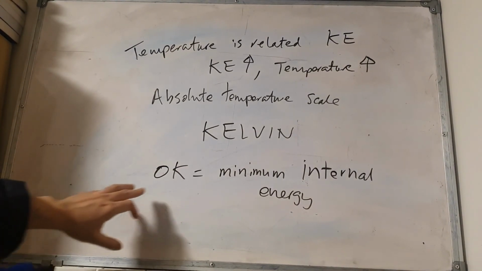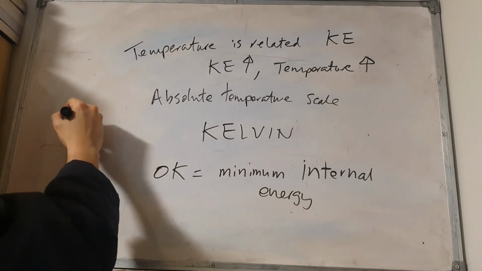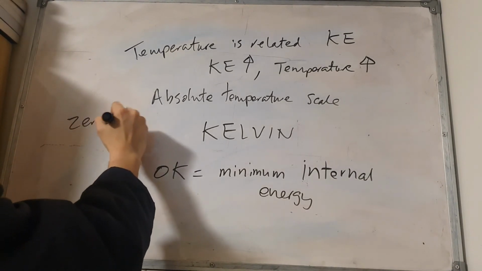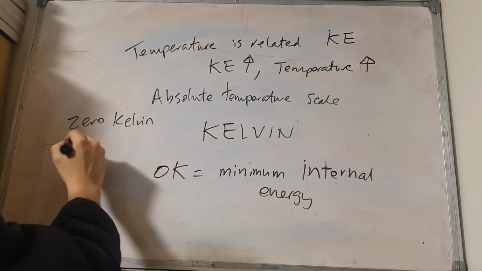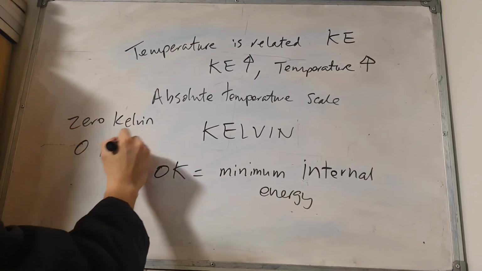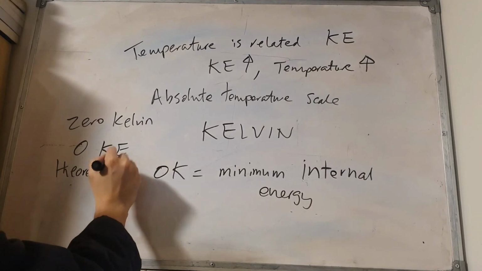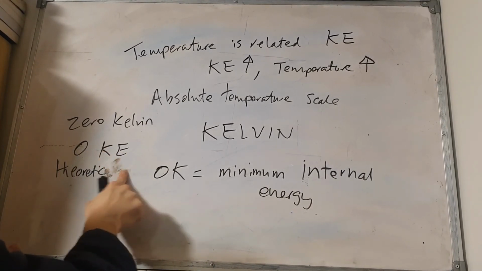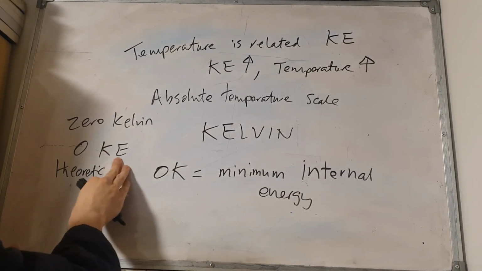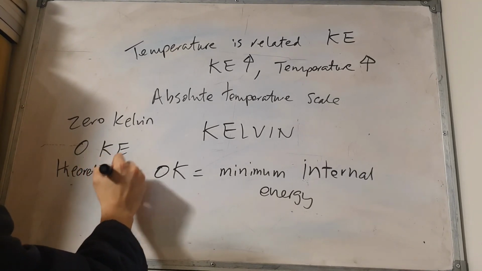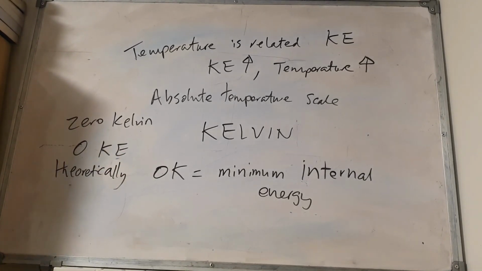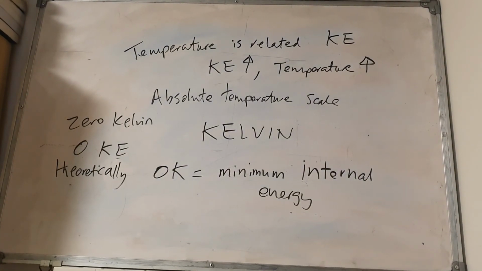So what happens at 0 Kelvin? Theoretically, it is where there is 0 kinetic energy, and minimum internal energy.